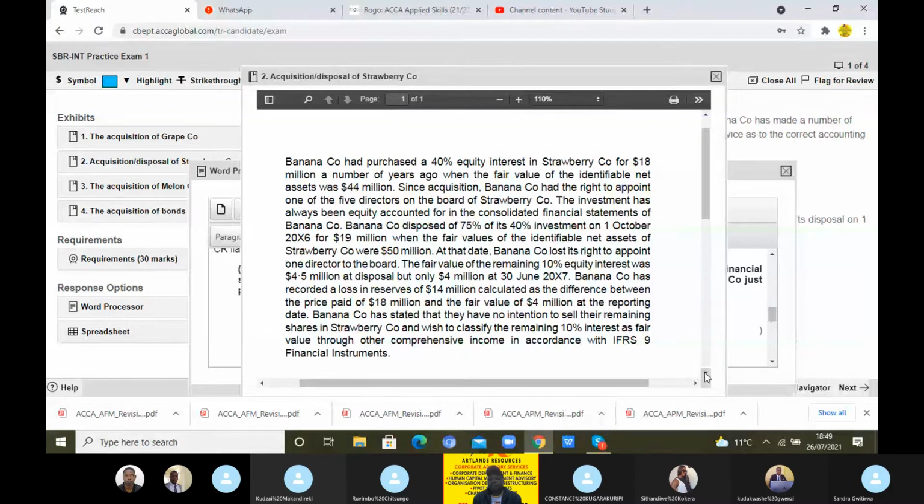At that date, Banana Company lost its right to appoint one director to the board. The fair value of the remaining 10% equity interest was 4.5 million at disposal, but only 4 million at 30 June 2007. So disposal was on 1 October.